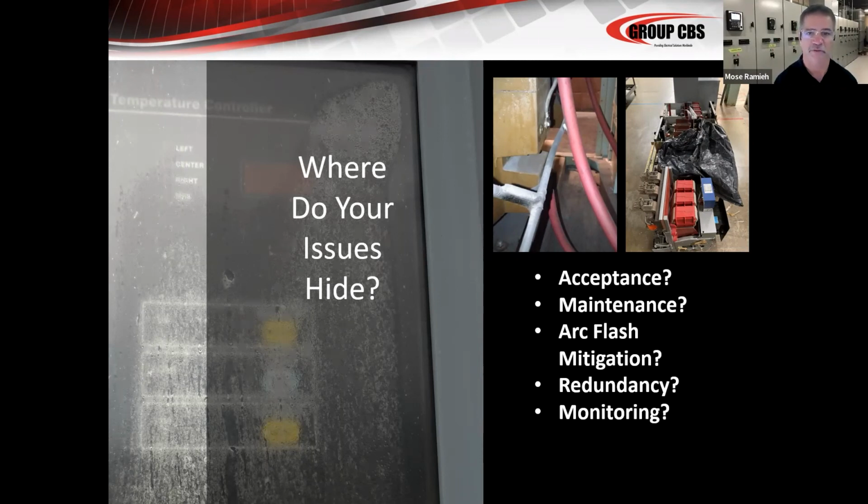So if I'm standing in front of a piece of arc resistant gear, I'm going to see big, heavy bolted covers. And if there were to be a fault, there is a channel way to direct that arc blast away from me and out the back of the gear in some fashion. So it basically protects the worker more than anything else.